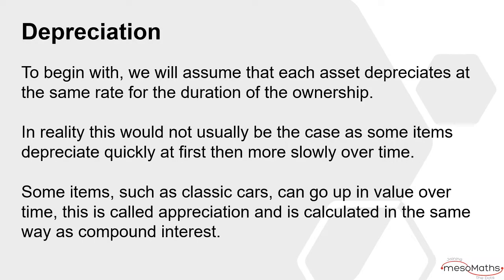In the examples we look at here, we're going to assume that each asset depreciates at the same rate for the duration of the ownership, which in reality isn't necessarily always going to be the case. Some items might depreciate quickly at first and then slow down over time. Must be worth adding here that some items, such as classic cars, can go up in value over time, and this is called appreciation, and it's calculated the same way you would calculate compound interest from the last video.